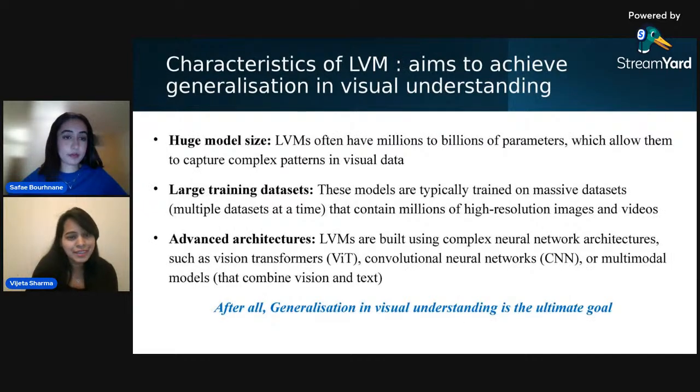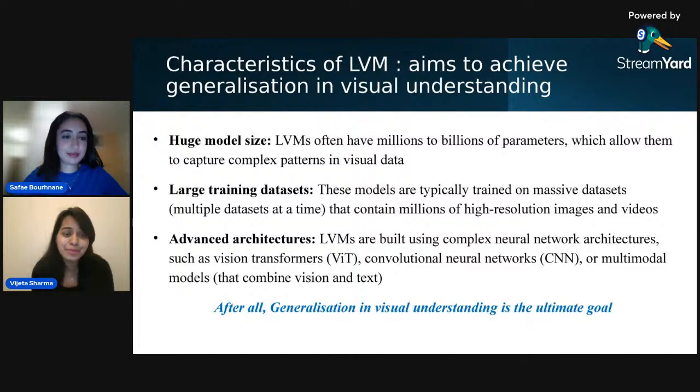So here are some characteristics of a large vision model, which help us understand how it is going towards generalization, which is the ultimate goal of the large vision model. They are very huge in model size. They use very large data sets. Currently, I am working with 5 data sets. So it is not a single data set for a single model.